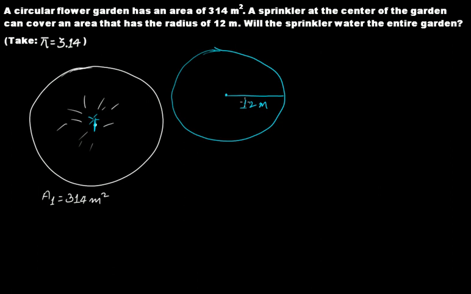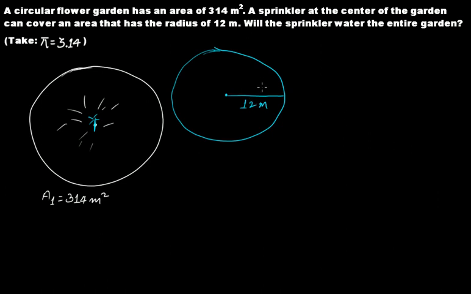If we calculate the area of the circle that this sprinkler forms, and it is either greater than or equal to this area, then clearly this will sprinkle the whole garden. Otherwise, it cannot sprinkle the entire garden, right? So this is 12 meter.